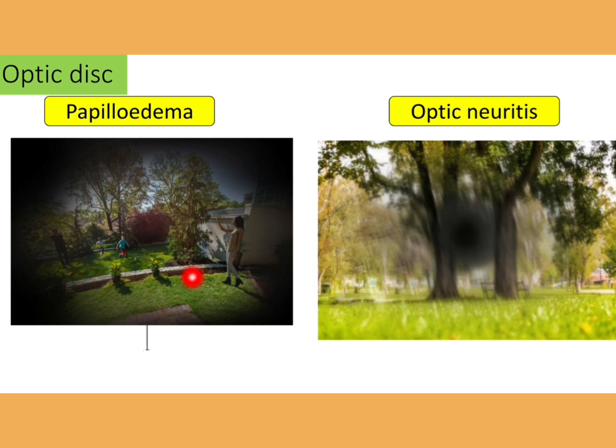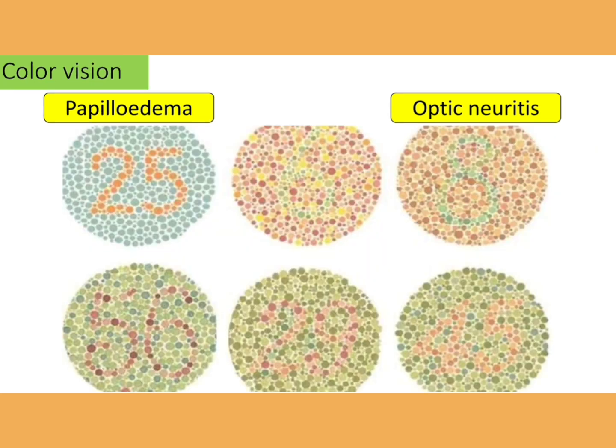So there is a large optic disc in HVF, but an optic neuritis patient will have disc inflammation, optic nerve inflammation. Because of the optic nerve inflammation, the person will complain of a scotoma or black spot. Color vision: papilloedema patients will not give any color deficiency complaint, but optic neuritis patients have color deficiency.